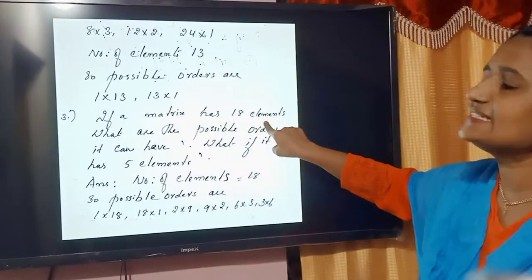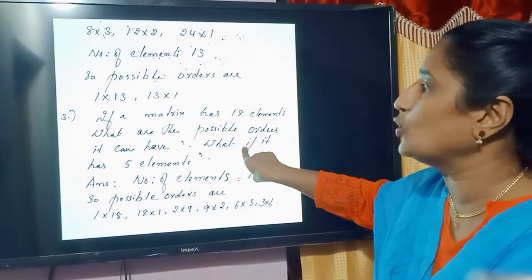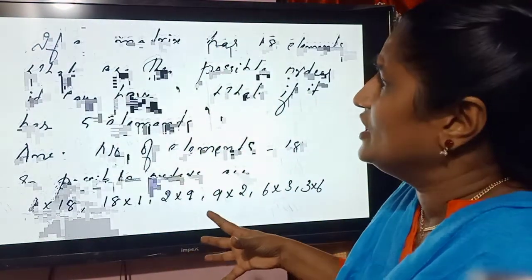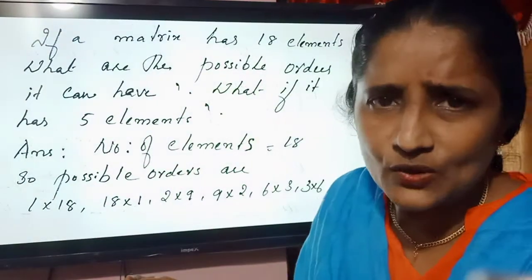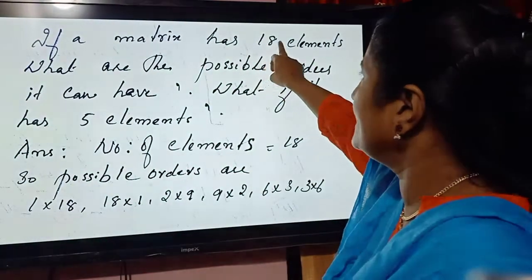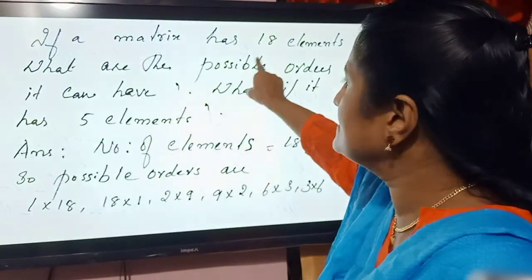If a matrix has 18 elements, what are the possible orders it can have? The same way. Now I already explained the second question. You can do the third question yourself because the same pattern is there.